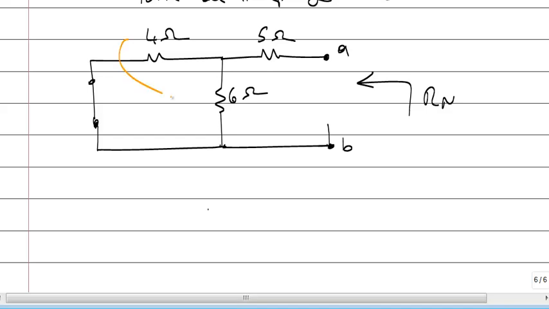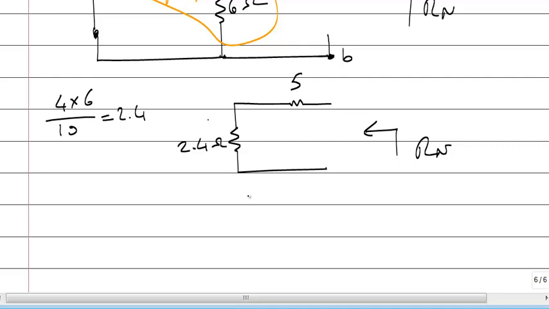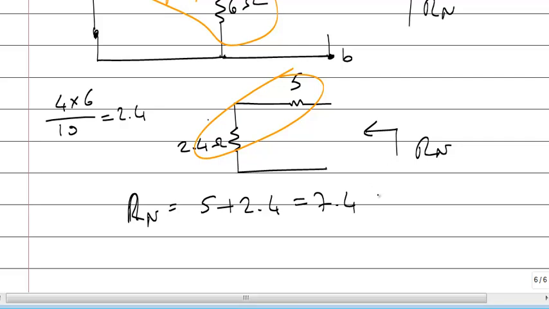These two are connected in parallel. If I redraw my circuit, it will be like that. This is 5. 4 times 6 divided by 10, which is 2.4 ohms. So total resistance, R Norton, they are in series, 5 plus 2.4, which is 7.4 ohms. That's it.